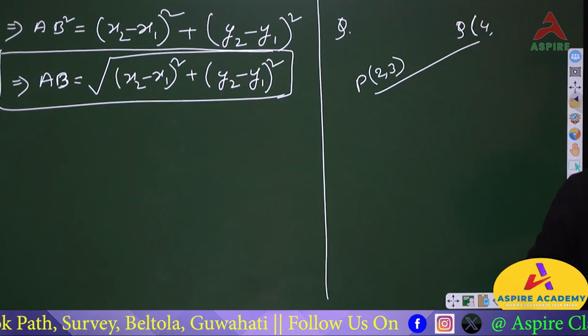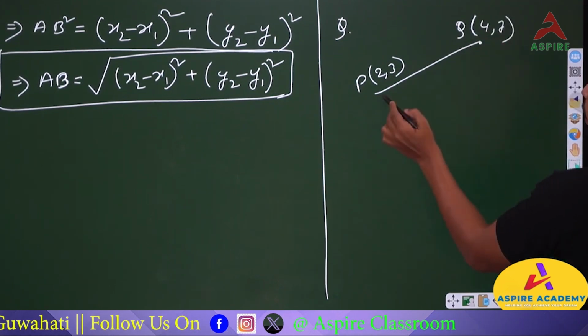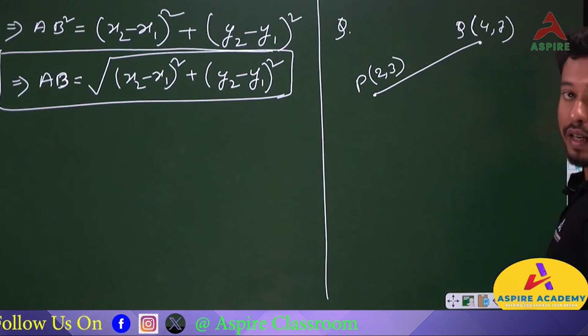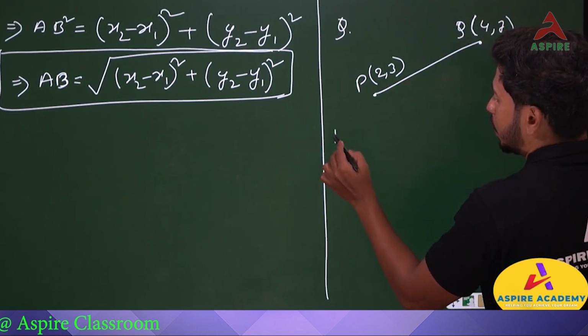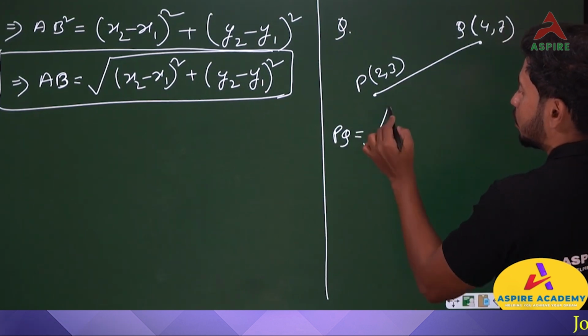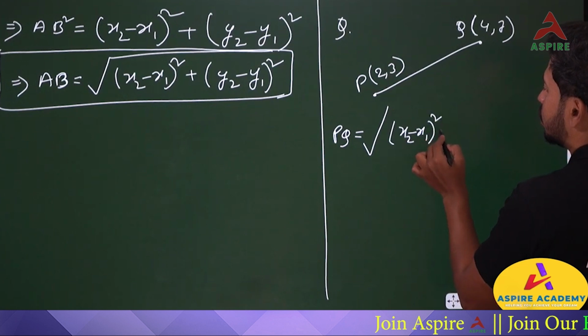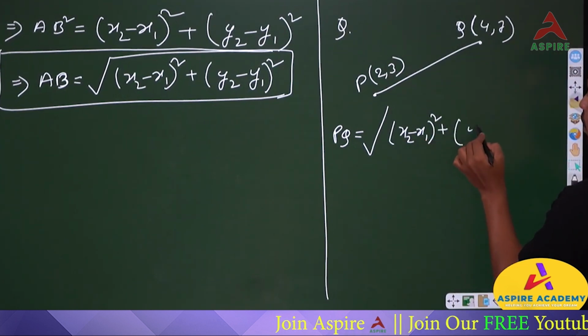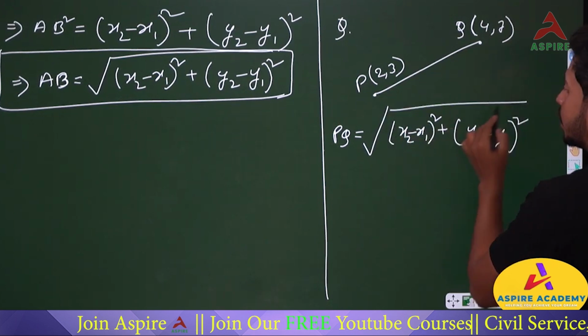The coordinate of Q is 4, 7, right? And if you measure the length of this PQ, then you can say directly PQ equal to, what is the formula? Root over x2 minus x1 whole square plus y2 minus y1 whole square, right?